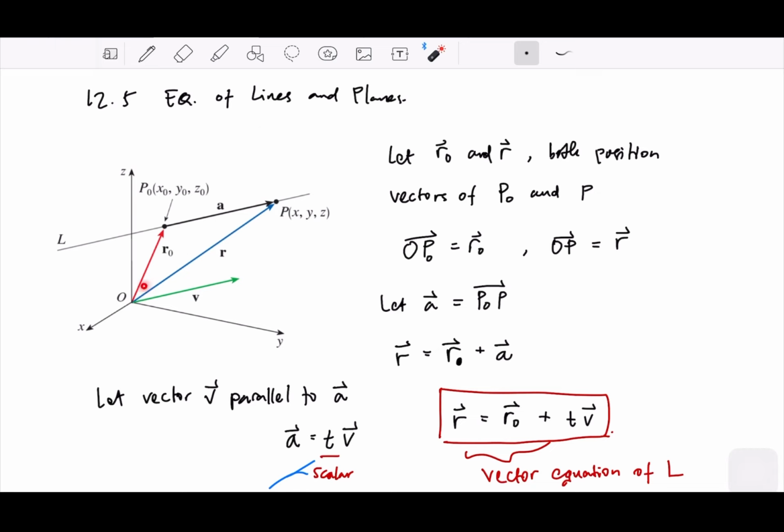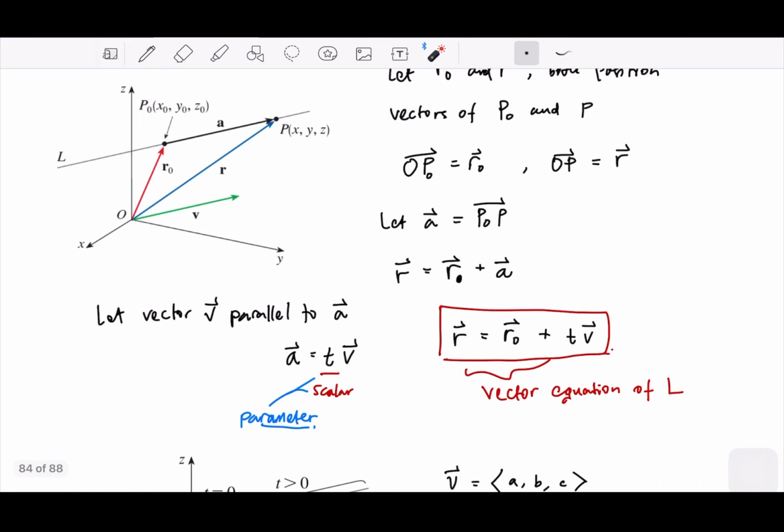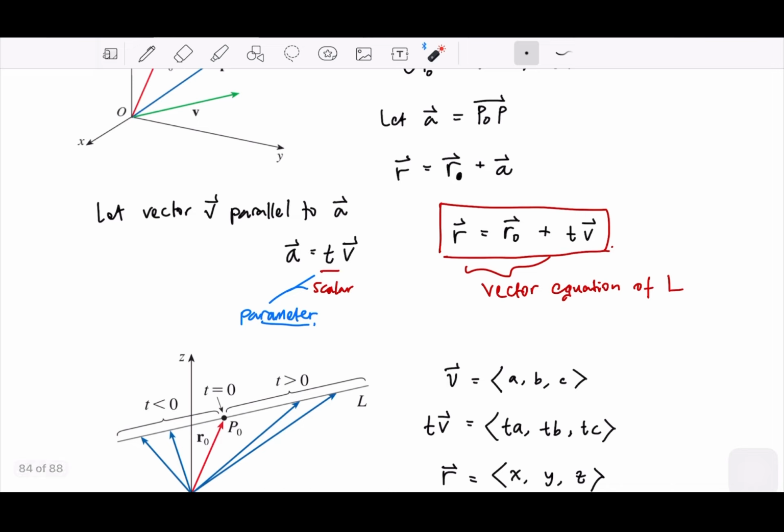Imagine we have the position vectors of P0 and P, which are R0 and R, and we have the vector A connecting P0 and P. If A can be described parametrically, we can have another vector that is parallel with A, with the same direction, and they are connected by the scalar T. We say this is our parameter, if you remember the parametric equations.